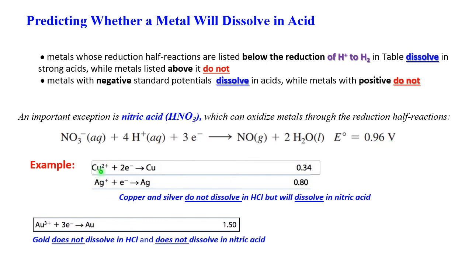So these two metals, copper and silver, will dissolve in nitric acid. Let's look at gold. Au3 plus to gold metal has a very large potential of 1.50. Gold does not dissolve in strong acid, and 1.50 is larger than 0.96, so it will not dissolve in nitric acid as well.